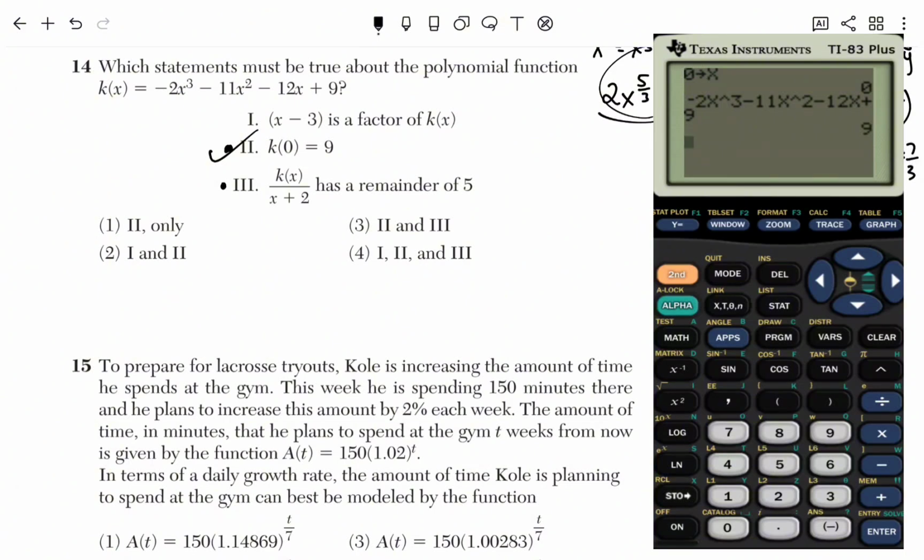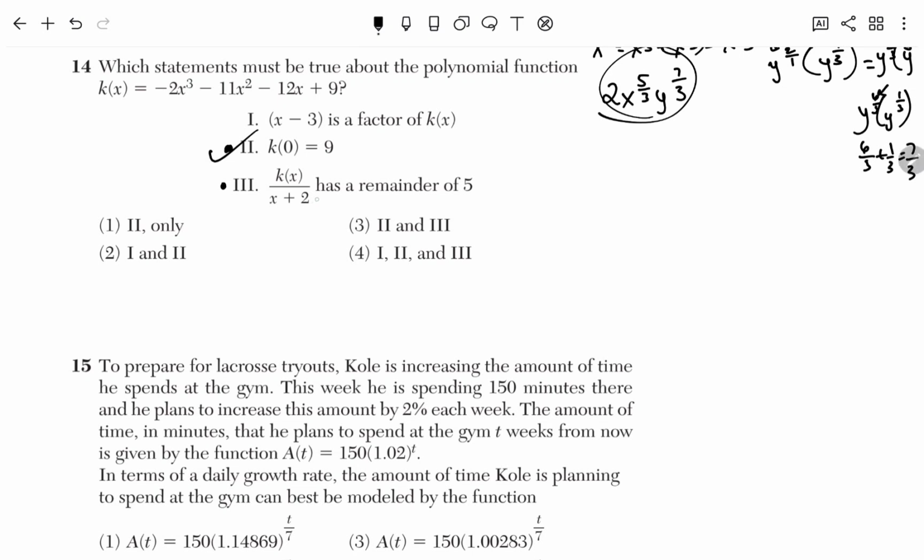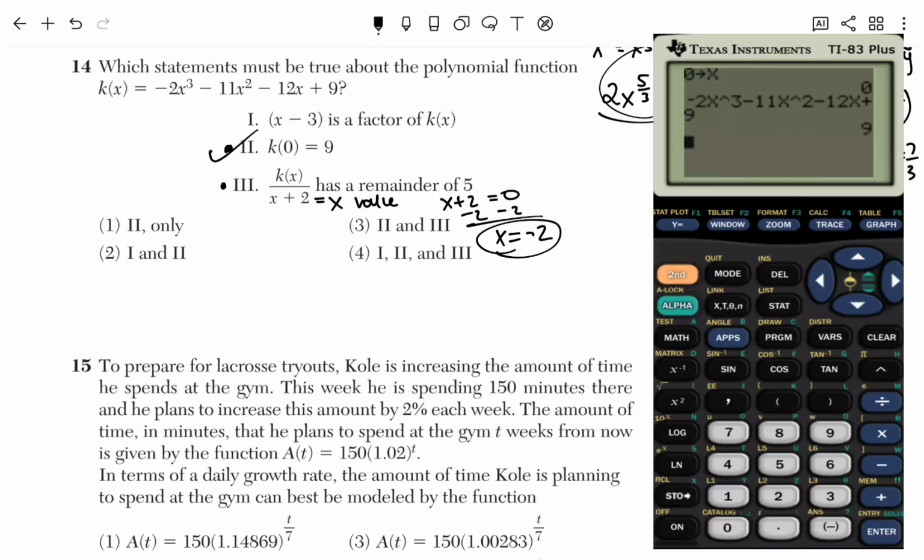Statement 3, you don't have to do the long division for this. What you want to do is find the x value of x plus 2. So we set this equal to 0, and we get x equals negative 2. So now I'm going to store negative 2 for x. So negative 2 store x.